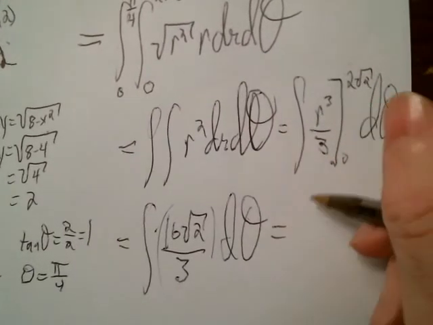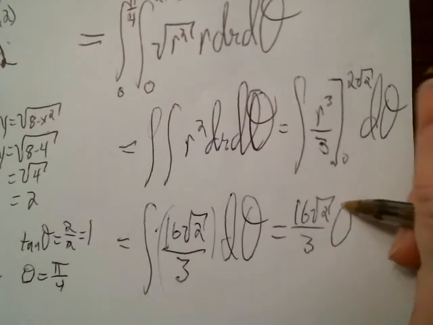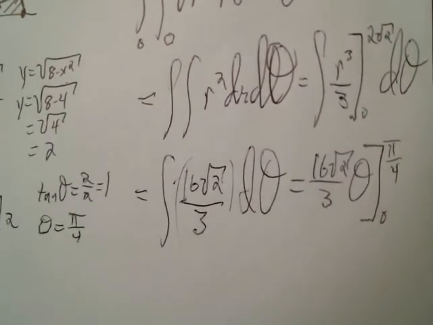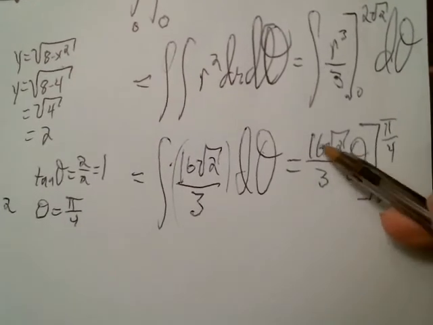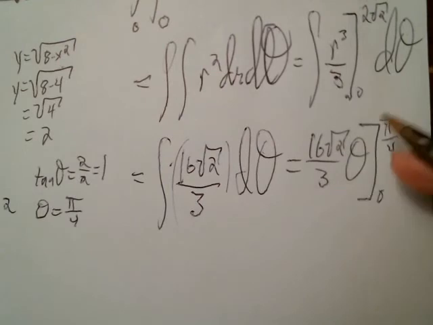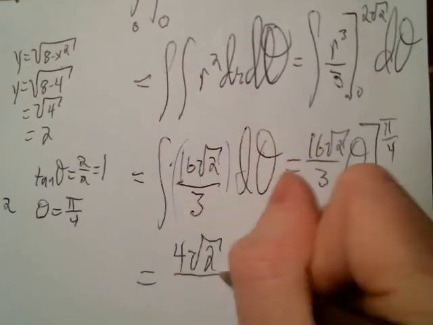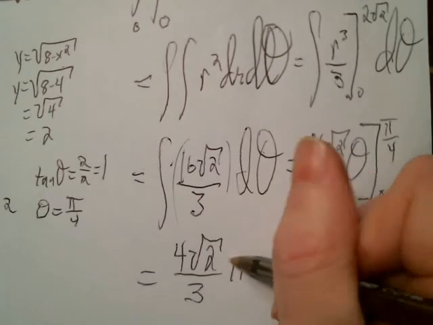And then that'll be 16 root 2 over 3 times theta, evaluated from 0 to pi over 4. And then plugging in pi over 4, the 16 over 4 will just be 4. So I get 4 root 2 over 3 minus 0. And I lost my pi. So 4 root 2 over 3 pi.